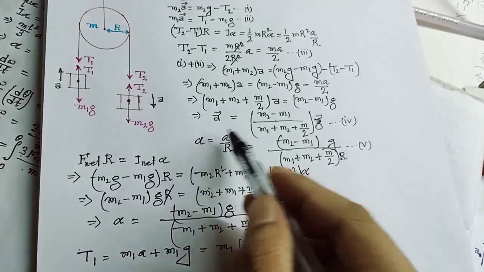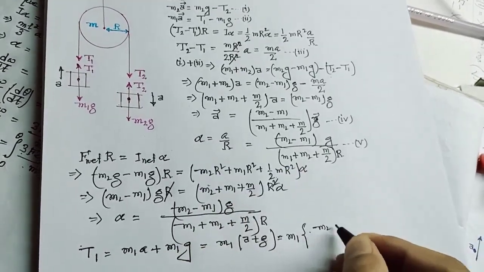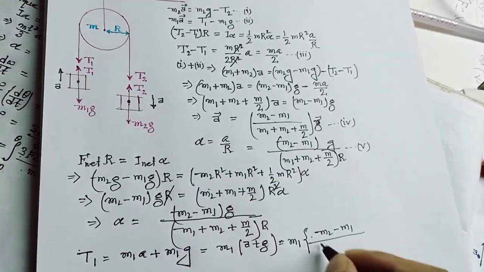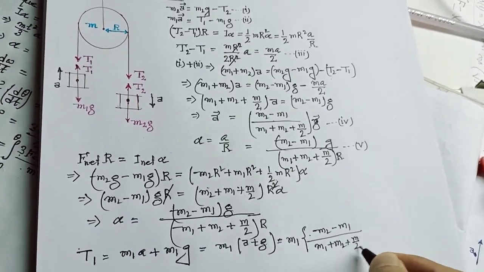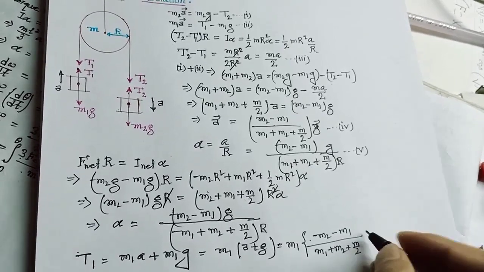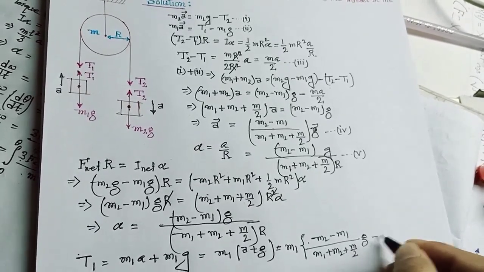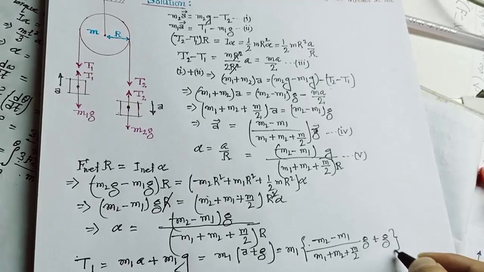So that will be equal to m1 into a, where the value of a is (m2 - m1) divided by (m1 + m2 + m/2), into g, plus g. Now we can take g as common.